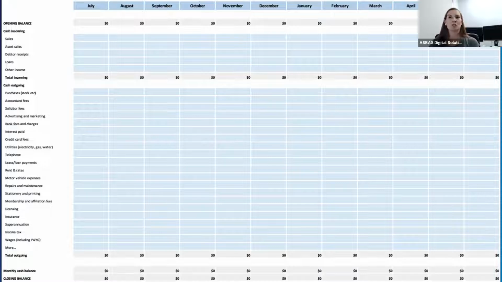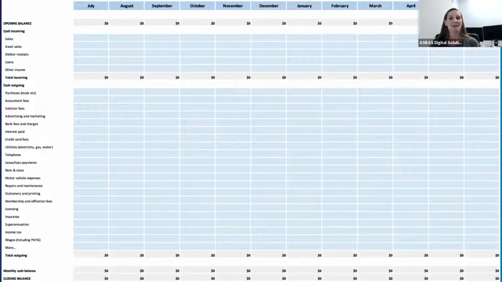From there, you've got the incoming cash at the top in that first few rows of blue, with the grey being the total. And then the second block, which is bigger, is your expenses. And there's some suggested expenses there. So just to talk through those, for cash that's incoming, you've got sales, obviously, which is selling your product or service.